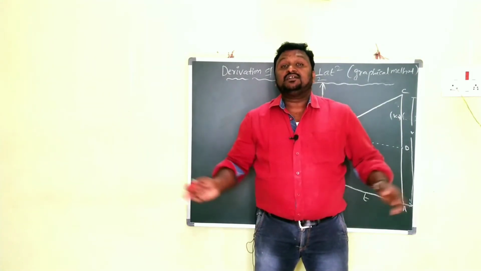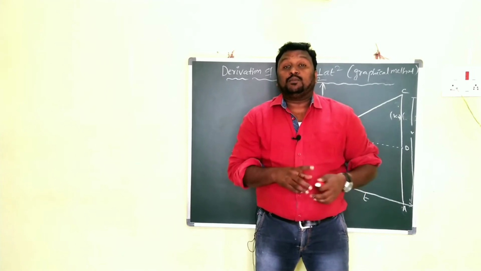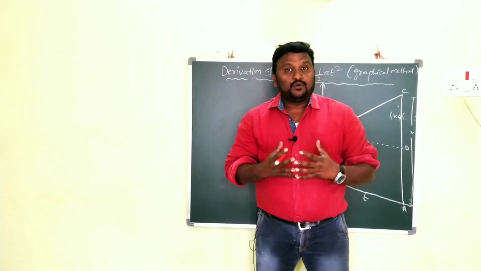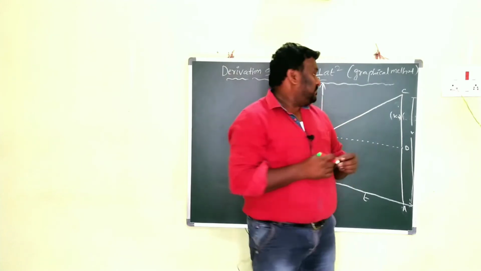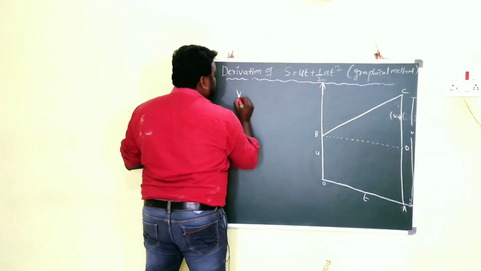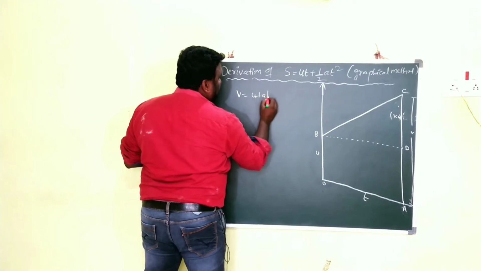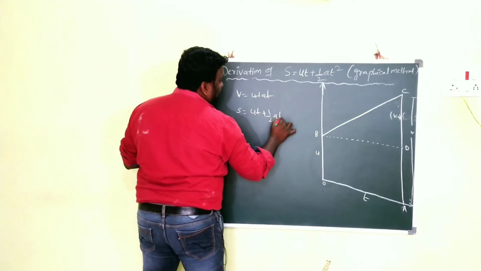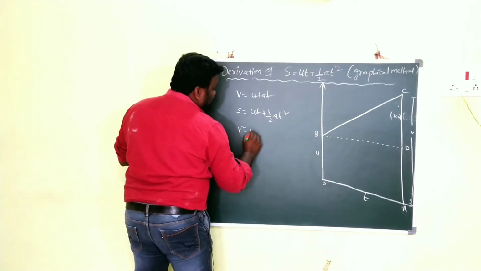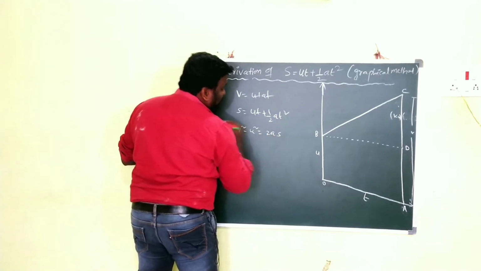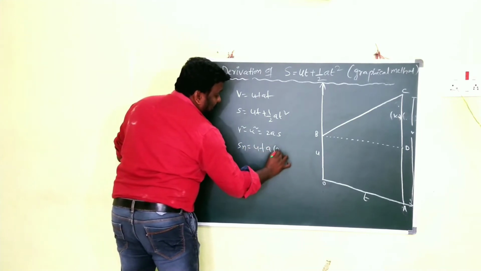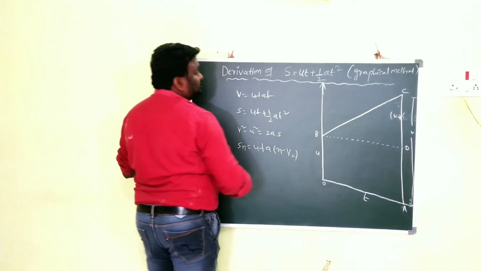Clearly, children, we already know about the equations of motion from our 9th class. We already have 4 equations: v = u + at, s = ut + ½at², v² − u² = 2as, and S_n = u + a(n − ½).